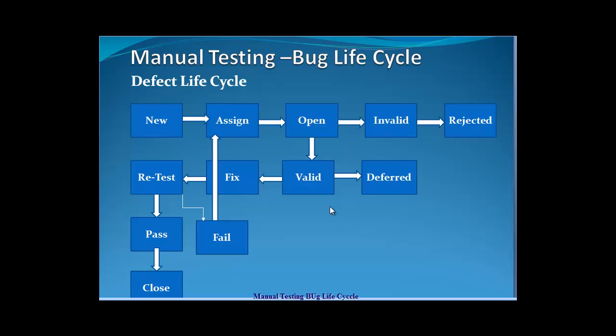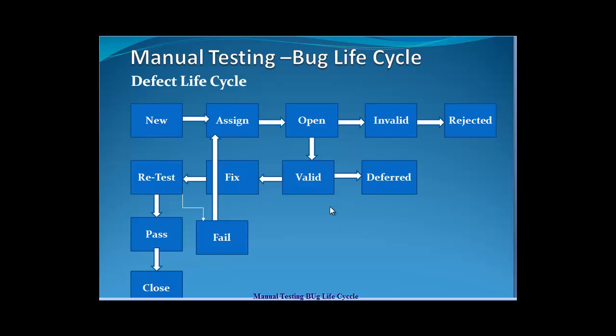After that, he assigns that defect for supervision. That may be the test engineer's lead or a senior test engineer. They verify that the defect raised by the test engineer is a genuine defect, and then the supervisor assigns that defect to the developer so that the developer can fix it.